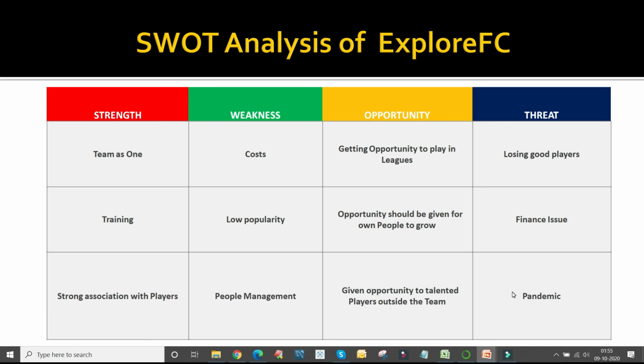Now my advice to all of you: if you are trying to learn this as a football club, that's very good. But if you are trying to build your own company, or do something different, try to figure out your own SWOT analysis and see where exactly your company stands.